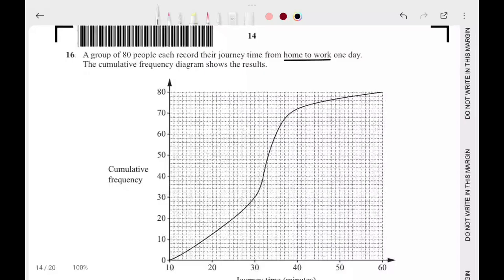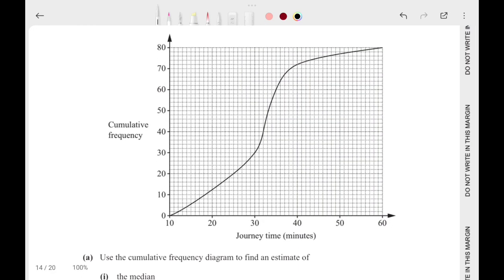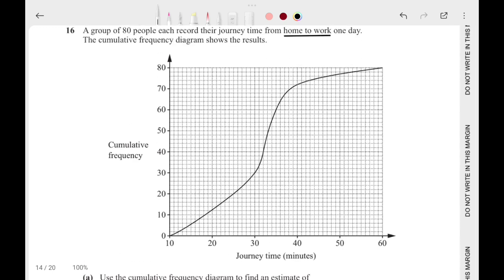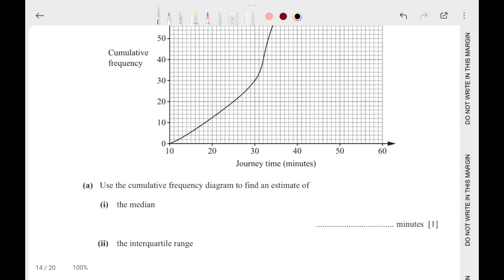The cumulative frequency diagram shows the results. Students, here cumulative frequency is taken on the y-axis and on the x-axis they have taken journey times in minutes. Okay, so there are 80 people, and so let us see the rest of the parts.